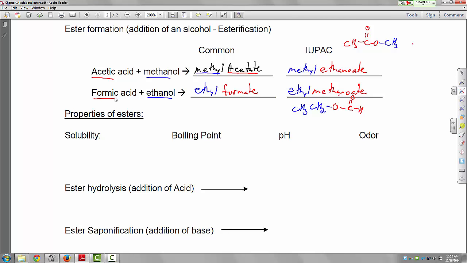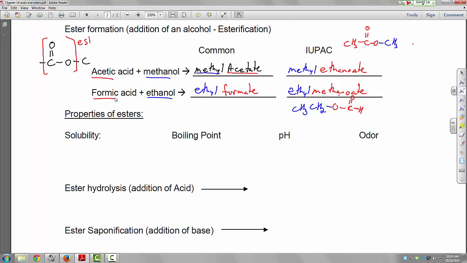The ester linkage: when you're looking at esters, it doesn't matter which way I draw it. You have a carbonyl carbon attached to an oxygen, and this oxygen can't be attached to a hydrogen, it's got to be attached to another carbon. So this is essentially the ester linkage. It doesn't really have a formal functional group name.